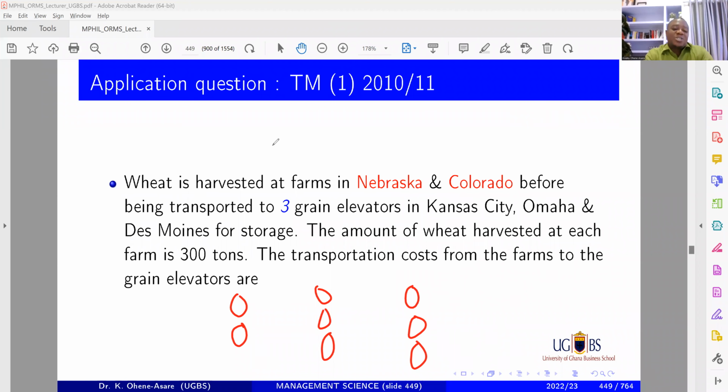You're going to have an arc from Nebraska going to Kansas City, Nebraska going to Omaha, Nebraska going to Des Moines. And then from Colorado going to Kansas City, Colorado going to Omaha, Colorado going to Des Moines.